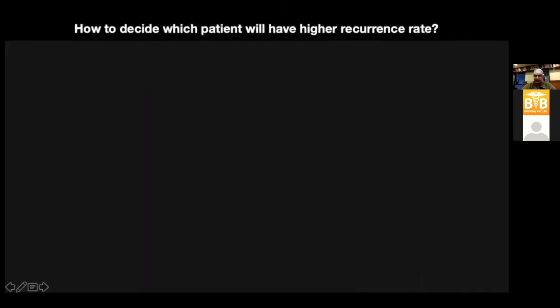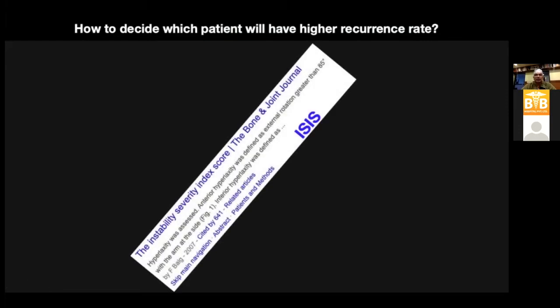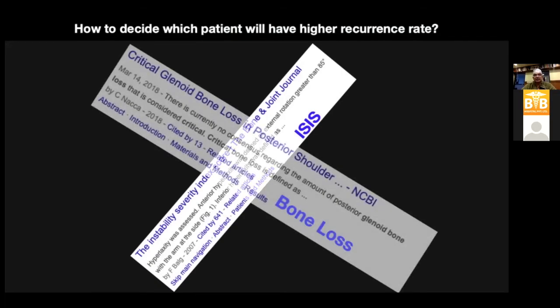There are so many options. One of them, which Dr. Rohit spoke about last time, is the ISIS, the instability severity index score. I'll talk about this in a little more detail in my subsequent slide. There is bone loss, which is again considered the main and most important one. I have a few slides about bone loss as well.